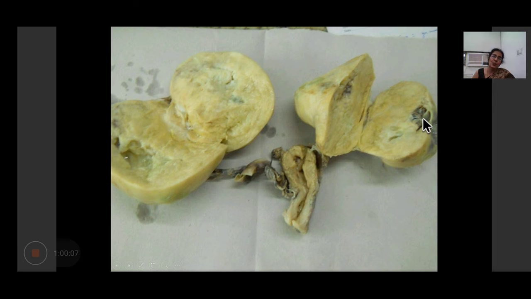So bilateral solid ovarian tumors you can see over here.